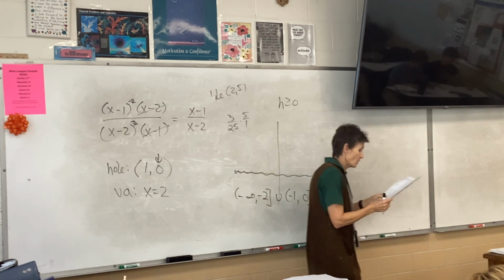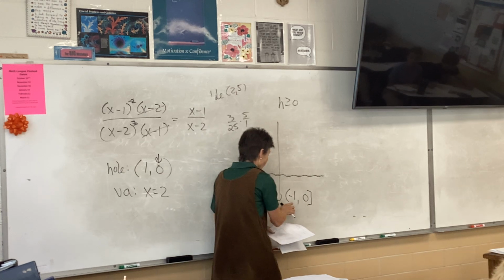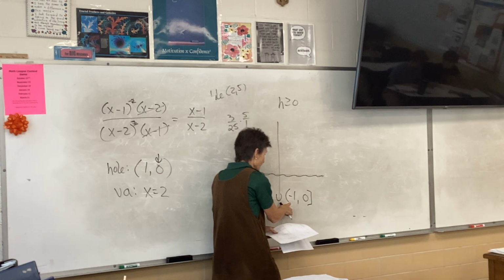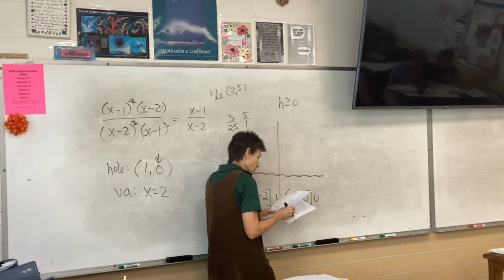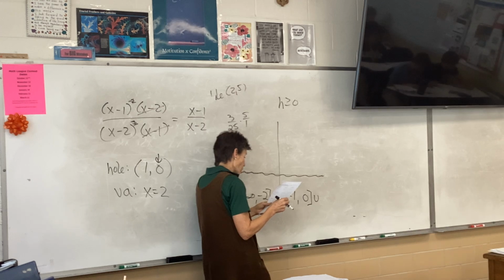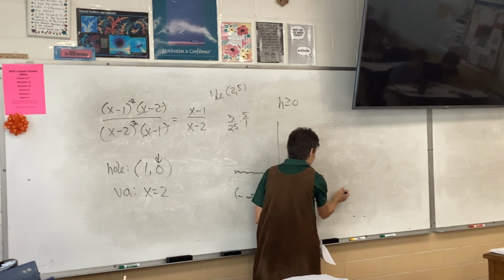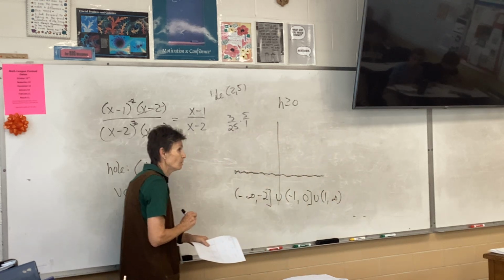Okay? So, we got a 0 at 0, and then we got a vertical at -1. And then it looks like we're also above 1 on. How does that work? Does that seem reasonable?